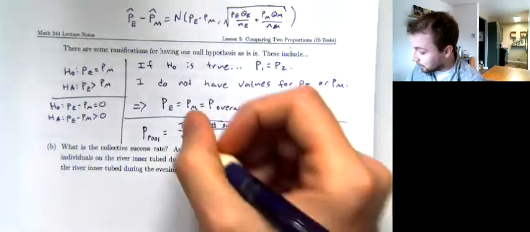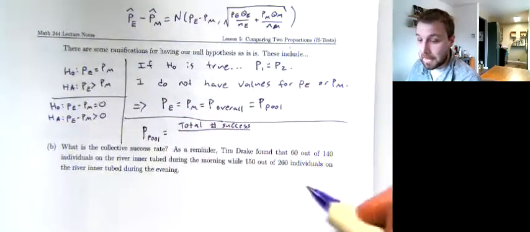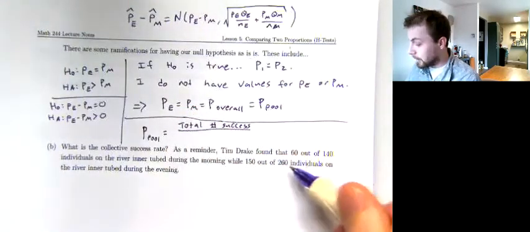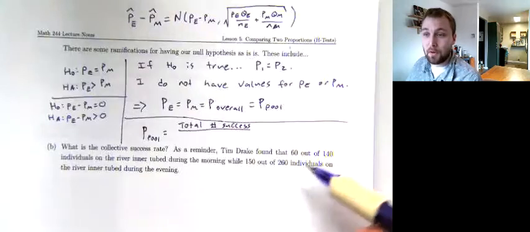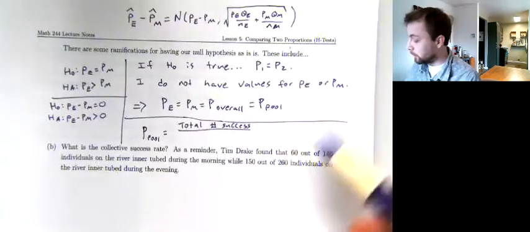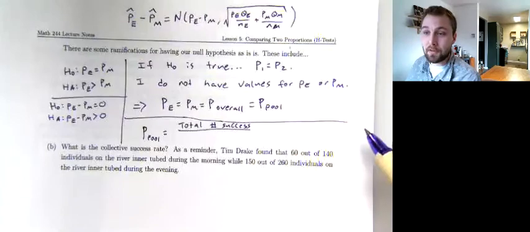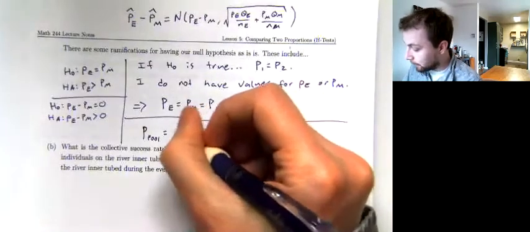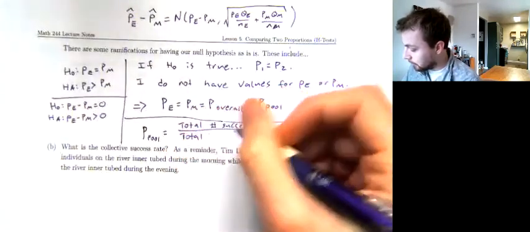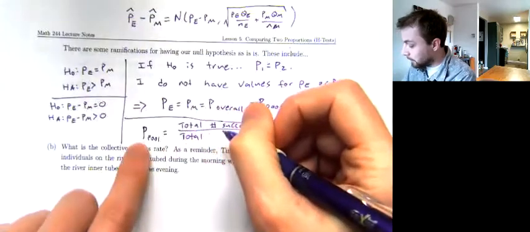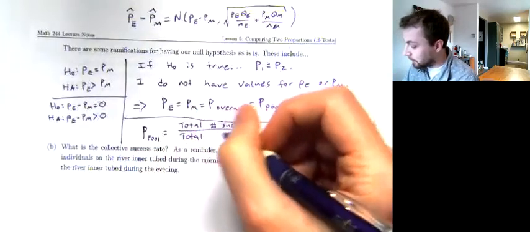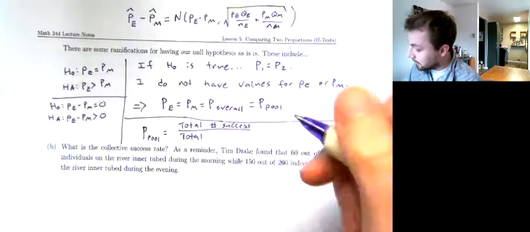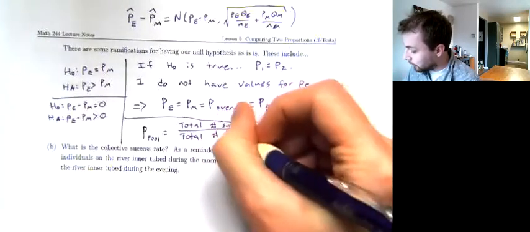When I'm looking at the total number that this is out of, I don't think it's out of 140 or 260 people. I only see one group. I see that this is out of the total of these things out of 400 individuals. So my pooled success rate, I'm taking the total number of successes and I'm dividing this by the total number of trials.